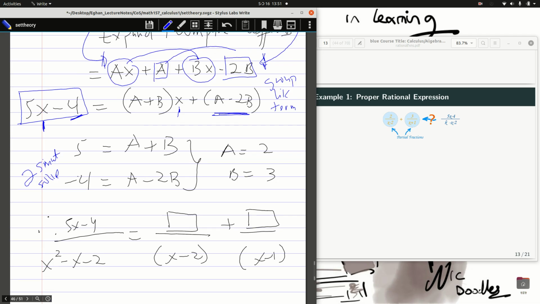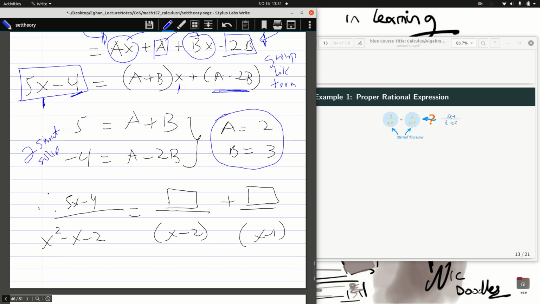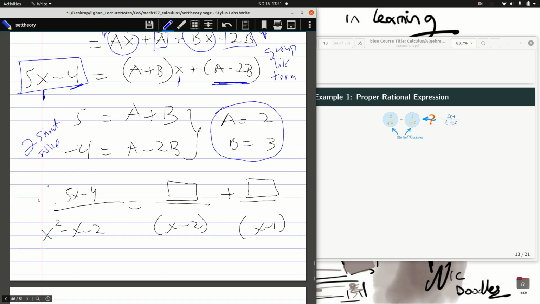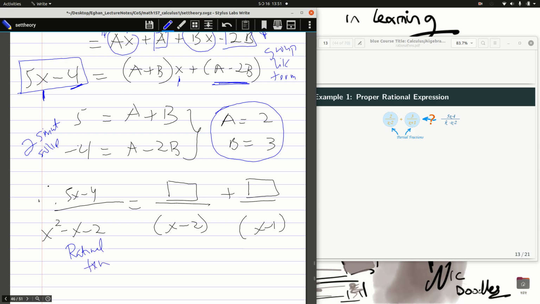If you do it well, you end up getting a equal to 2 and b equal to 3 as the answer. So it means that my rational function here has been expressed in some simple form by the help of the partial fractions. This shouldn't be difficult to do.